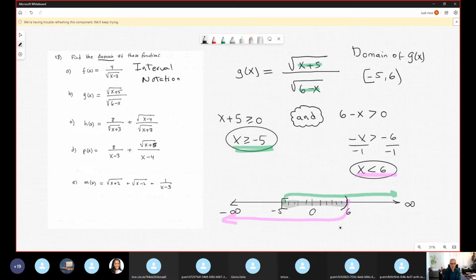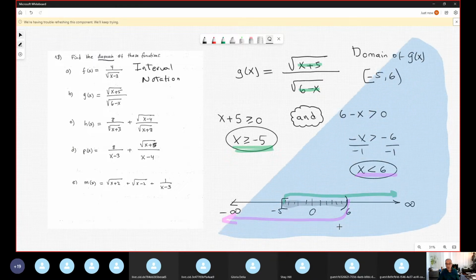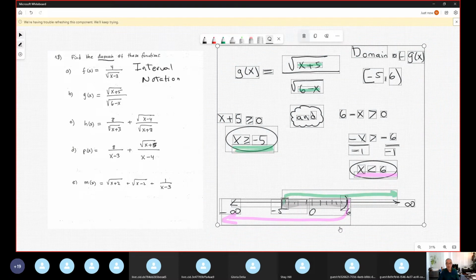Clear. Let's move on to the next. Whoa, the next looks horrible because we have 3 radicals and fractions also. Okay, but you don't care. You analyze one by one restriction and finally you put together in the number line and you determine the intersection, which is the common element.